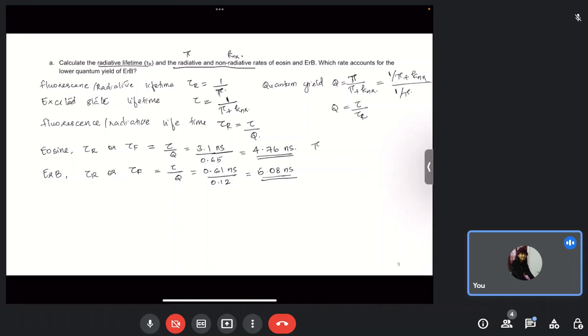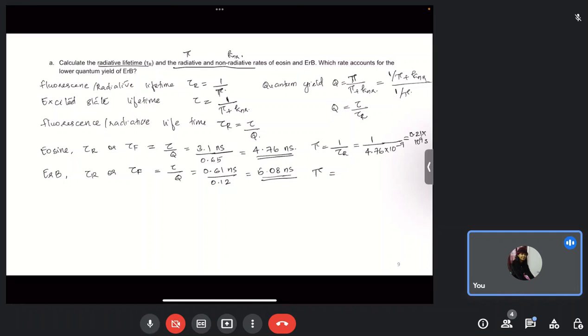So gamma is going to be 1 divided by tau r. Tau r here is 4.76 nanoseconds. So 1 divided by 4.76 into 10 to the power minus 9. So this is 0.21 into 10 to the power 9 per second.